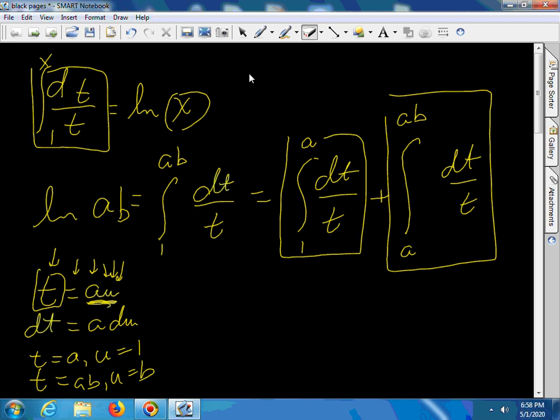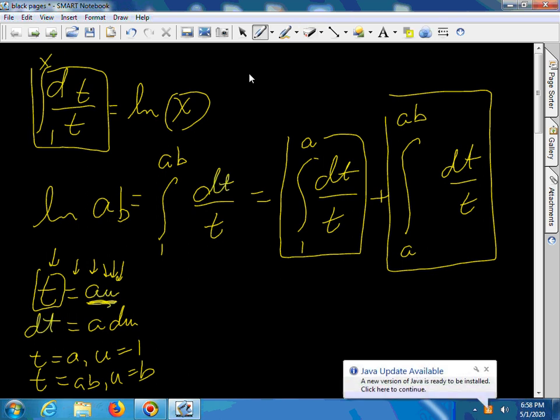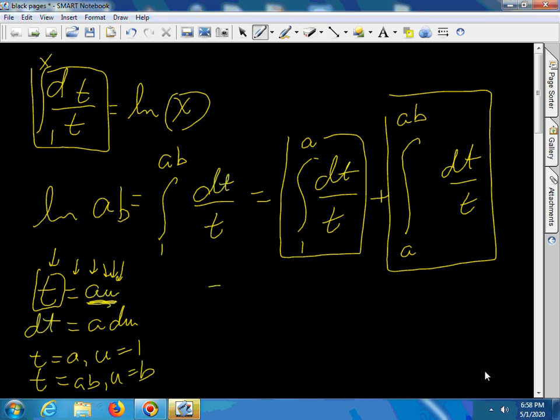And let's see what happens with this substitution. I have the first integral, which is ln of a, plus the second integral, where I made a u substitution. When t is a, u is 1, and when t is ab, u is b.